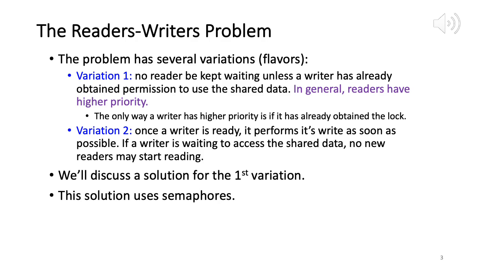In that case, the reader will have to wait. Okay, so let's discuss the solution to this. And this solution, just like the producer consumer one, will also use semaphores. So you can see already we will need a lock to enter the critical section. What other semaphores do we require? Let's see.